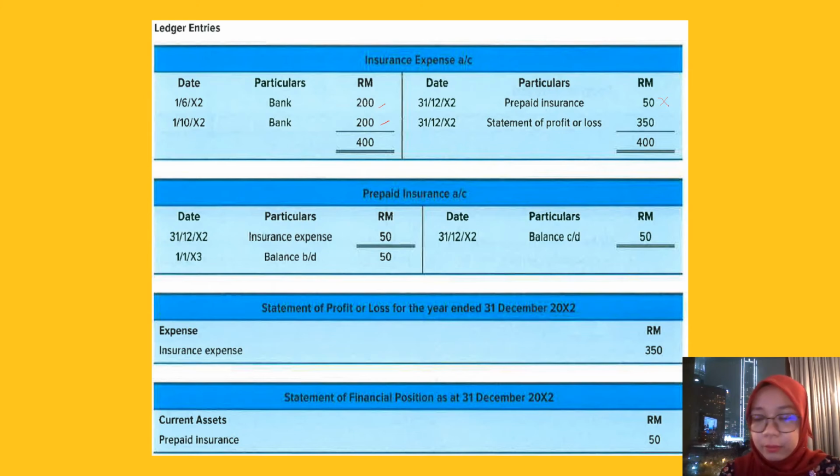And then the balancing amount, the 350, will go to the statement of profit or loss. This is the current year expenses, and the prepaid amount of 50 ringgit will go to the statement of financial position as part of our current asset.